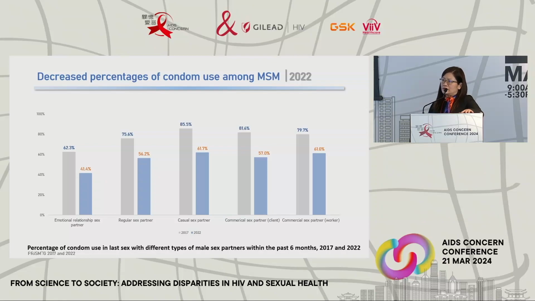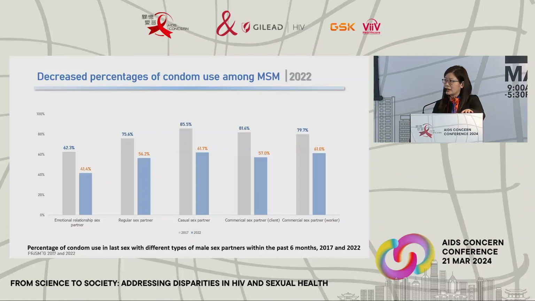So for condom use, we compare the 2017 to 2022 figures. You can see that there is a drop in the percentage of condom use across different types of sexual partners among MSM. However, as you all know, PrEP usage is associated with decreased condom use.